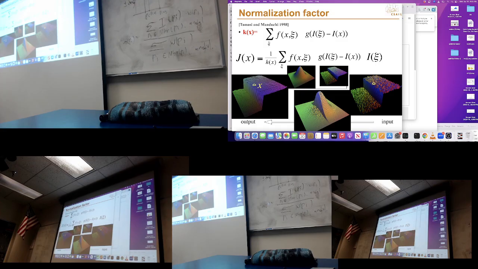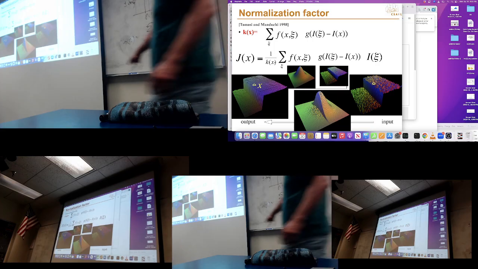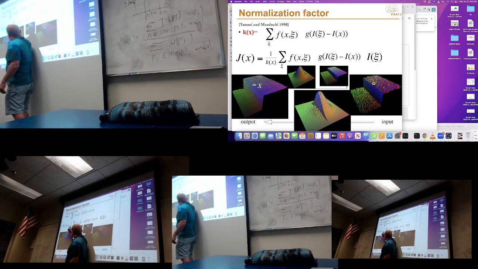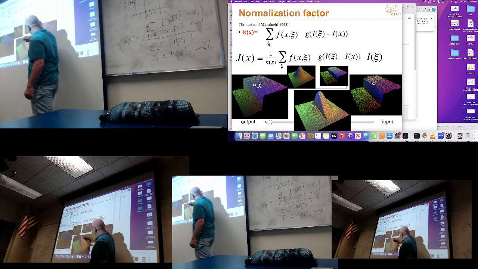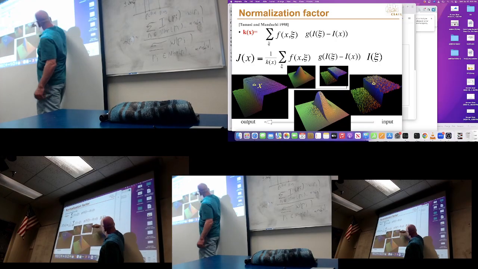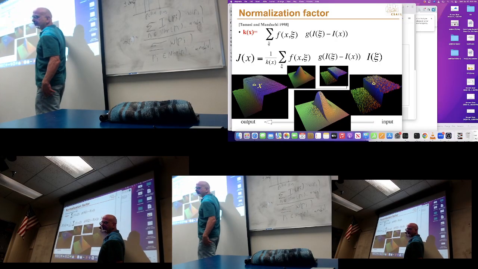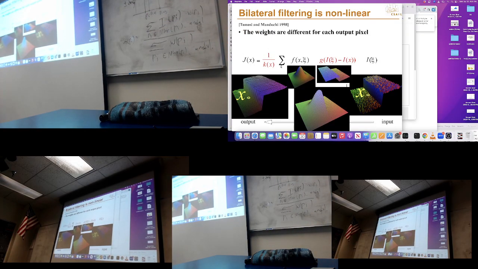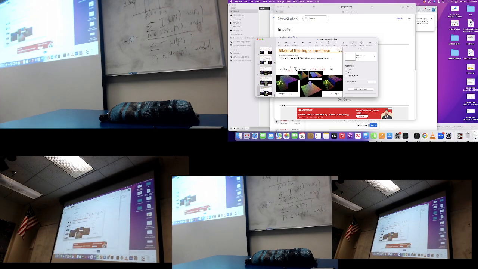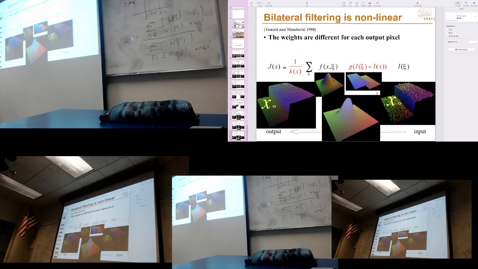So when you are computing j of x, dividing it by a number smaller than 1 will give much more weight to the pixels that you are using, the pixels in the tree. Okay, I'm not sure that it's possible to understand what I said unless you saw the 1D explanation. Okay, and that's the idea of the bilateral filtering.